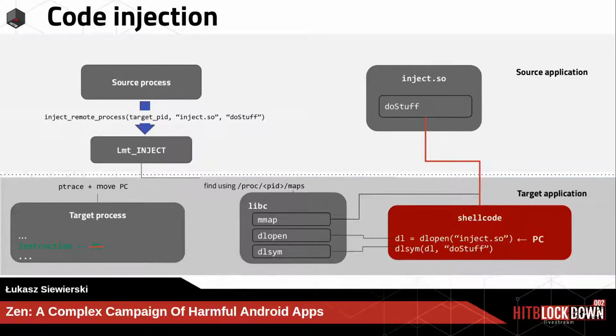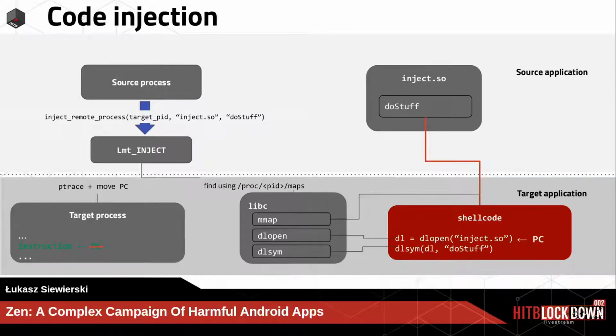And that is where it will find the mapping of libc in the target process. And then it can use offsets from its own mapping of libc to find where the mmap function is. And it can allocate the memory in the target process.